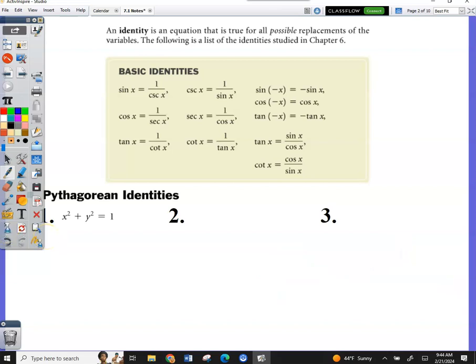It's coming from the Pythagorean theorem. If you think back to the unit circle, the triangle that's formed has an x-coordinate, a y-coordinate, and the unit circle's radius is 1 all the way around. So this is the Pythagorean theorem from the unit circle.